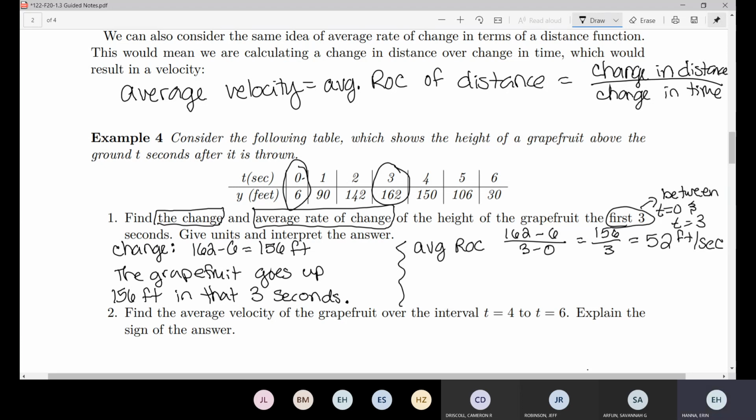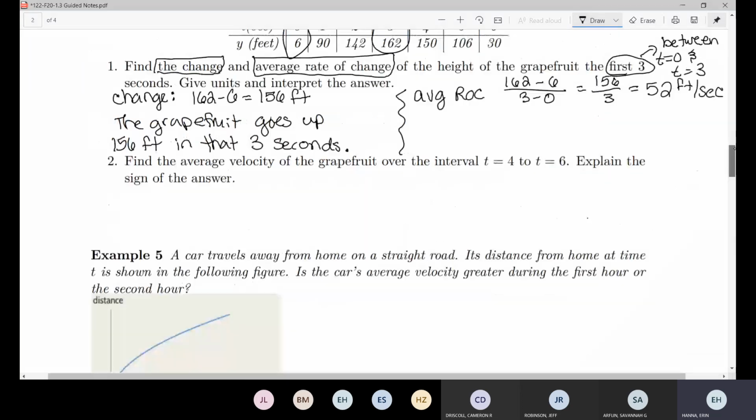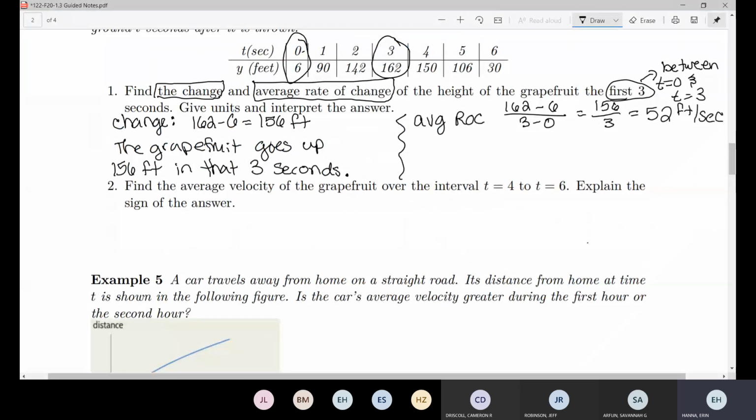And what this would mean in words, and again, we need to remember that this is not telling us exactly what happens, but what's happening on average. So we would say in the first 3 seconds, the grapefruit travels on average with a velocity of 52 feet per second.